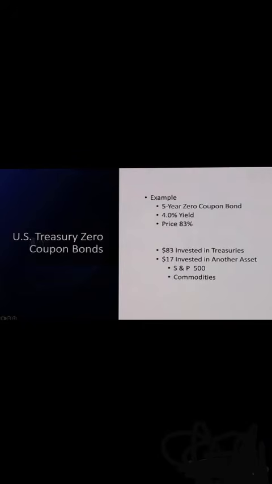So this vehicle is pretty likely to at least have enough to pay investors back par at the end of the 5 years, because the treasuries will mature at par, and in the absence of some very unlikely event, the custodian fails or some other type of risk, it's pretty likely that investors will get their principal back.